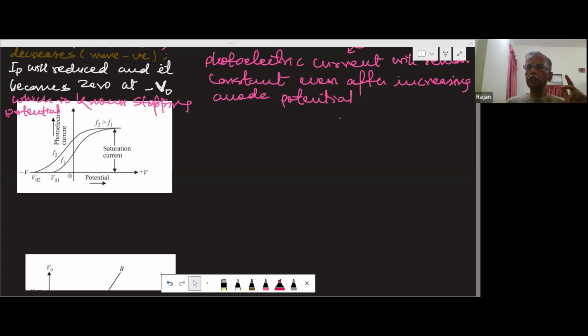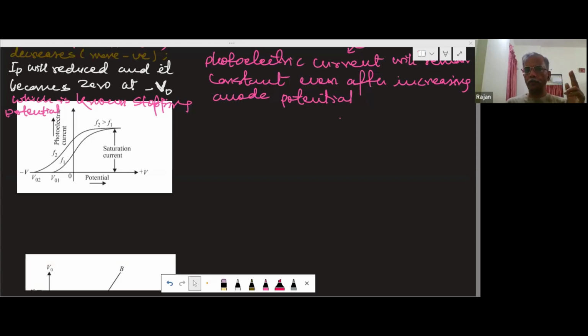Same number of photons means both are liberating the same number of photoelectrons. Only one of them has higher frequency, that is f2. So what will happen? The number of photoelectrons liberated is the same, but in f2 we will have higher energy, because f2 is greater than f1.